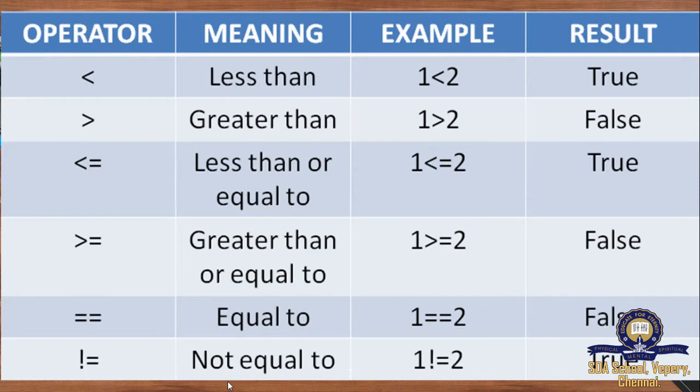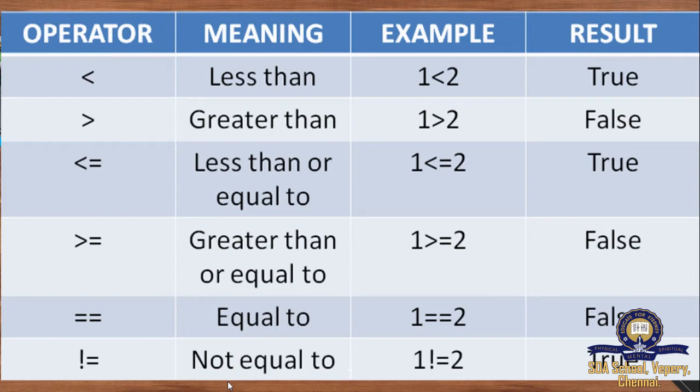First one, which you might have studied in mathematics, is less than. Less than checks whether the value is lesser than the previous value or not. Then greater than, less than or equal to, greater than or equal to, equal to, and not equal to. So these are your relational operators.